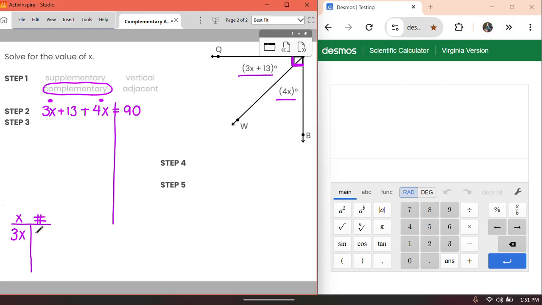So 3x positive 13 plus 4x. I'm just doing this down here in the corner where I have a little bit of space. 3x's plus 4x's gives me 7x's, and then I just have this positive 13 hanging out. So I'm going to bring that all the way back up here, 7x plus 13 and bring down my 90.